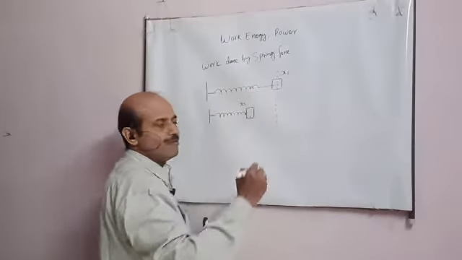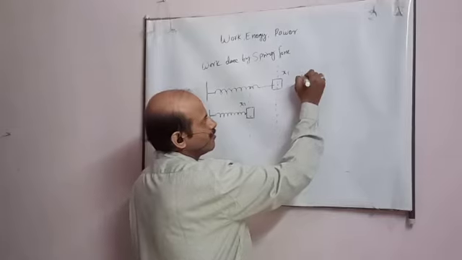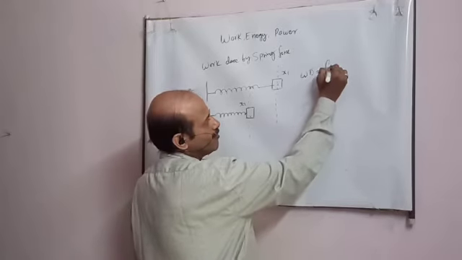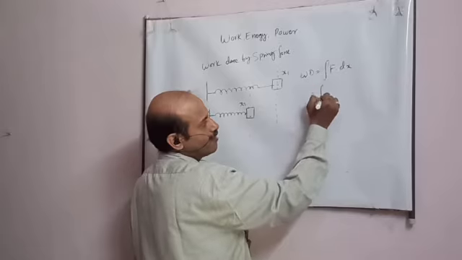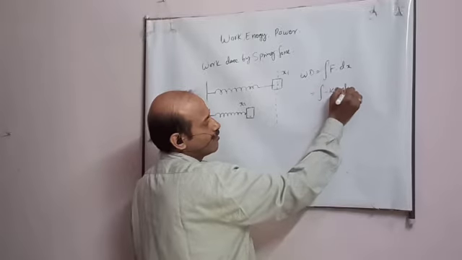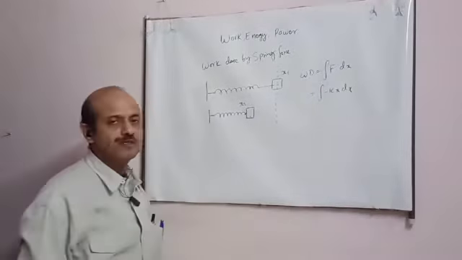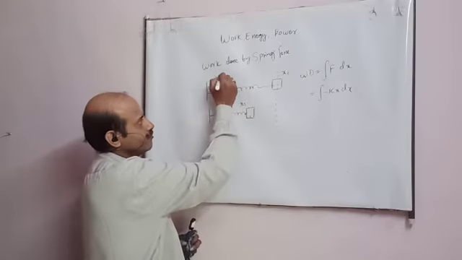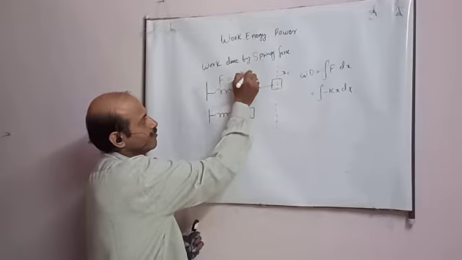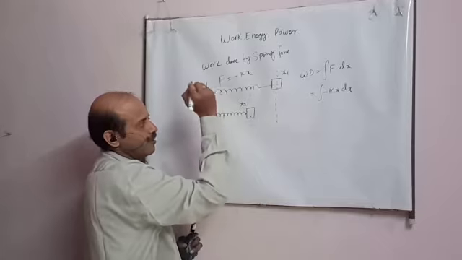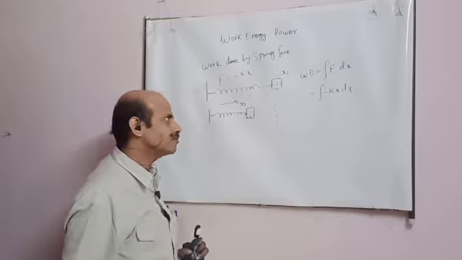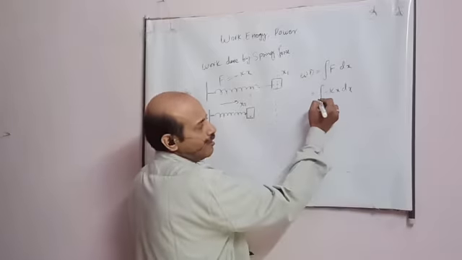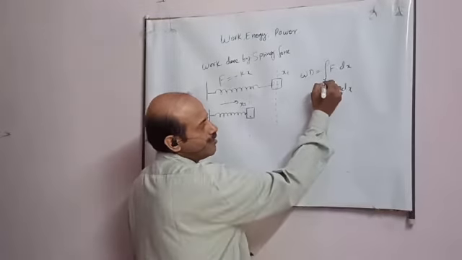This is, student, a variable force. So work done for variable force, student, we have already seen: integral of F dot dx. Here F is minus Kx, student. We already know the nature of the spring force. Force is opposite to the displacement. When I compress it, the force is acting along this way. And here is the limit, student, initial position to final position.